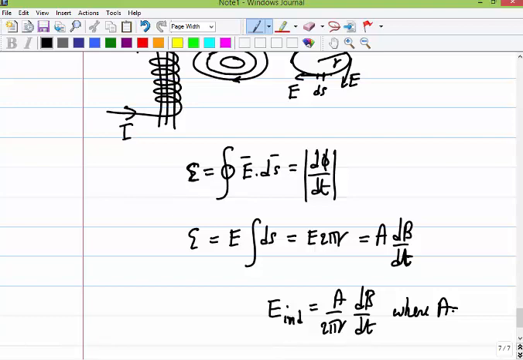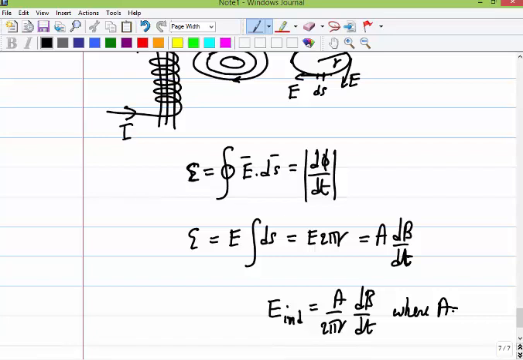So we start with the induced electric field, which is equal to R over 2 dB dt, like that. So this is your starting point. And then you're going to say that B for a solenoid, what is the magnetic field for a solenoid? Remember the formula for B for a solenoid, what did we have?